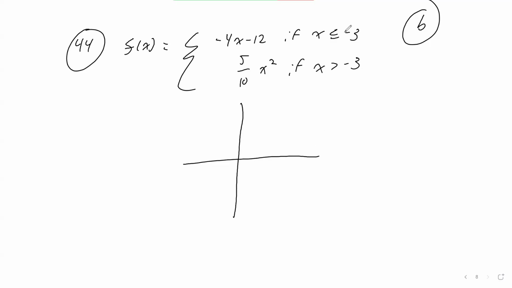When I plug it in, that would give me negative 4 times negative 3 minus 12. So that would be negative 12 minus 12, which is negative 24.